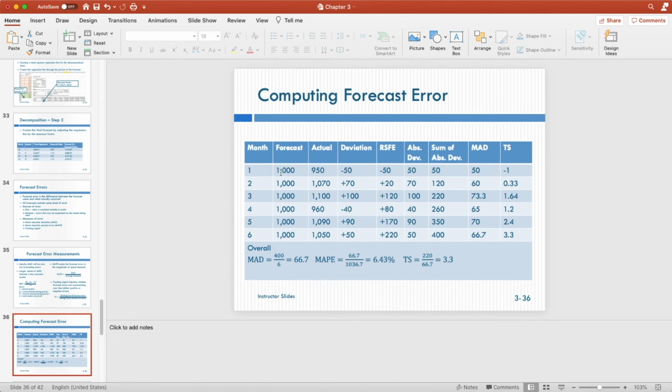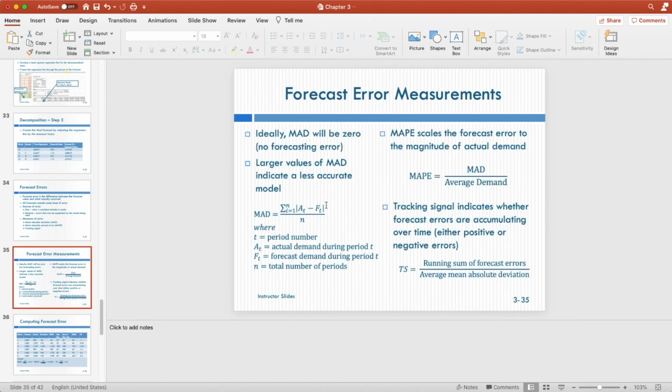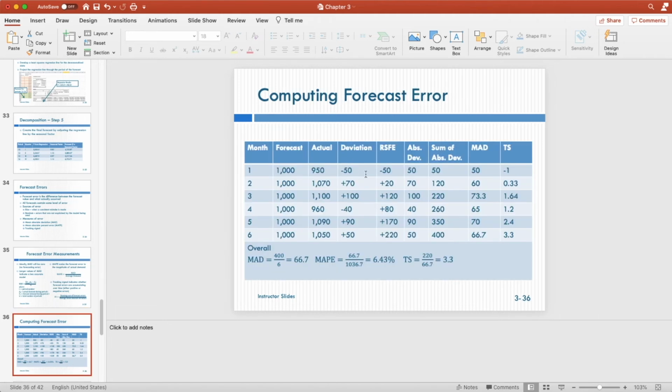If you use 950 minus 1000, it would be negative 50. But remember, there's an absolute value here, so instead of negative 50, you use the absolute value of the deviation, which is 50. That's why the first element is 50.